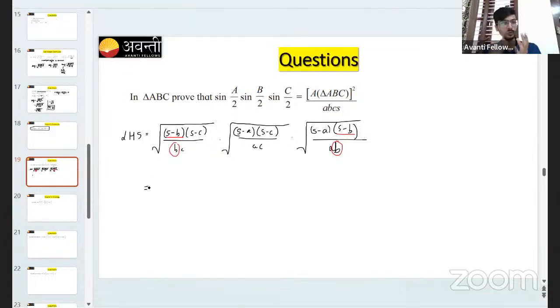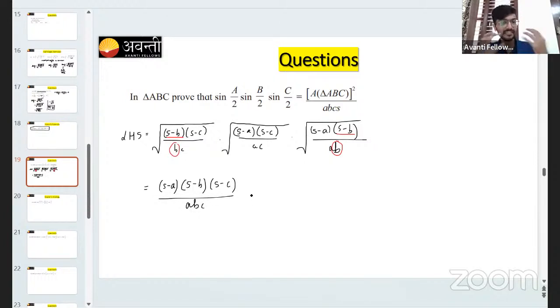And if all there are squares then they will be out of the square root. सो हम लोग को क्या मिलने वाला है? s minus a into s minus b into s minus c upon denominator में a b c.